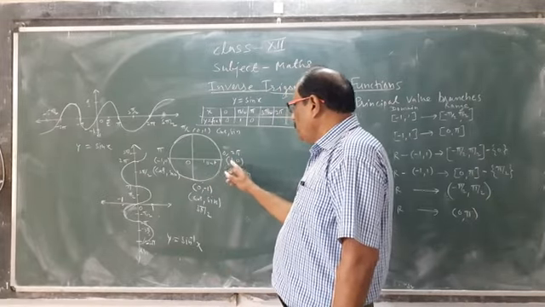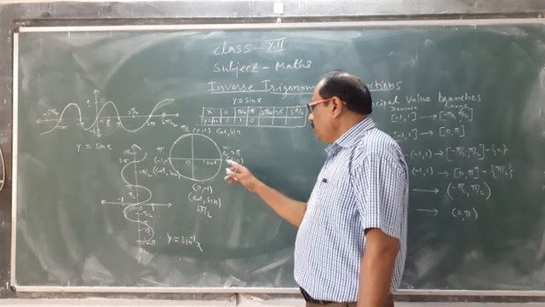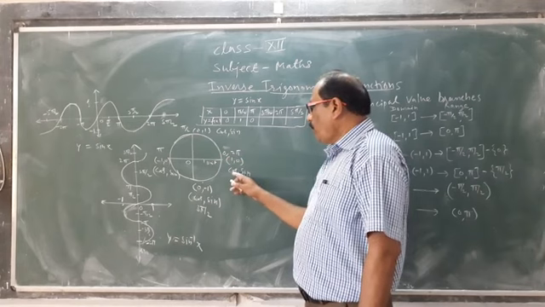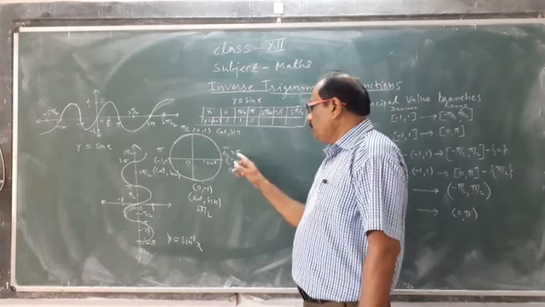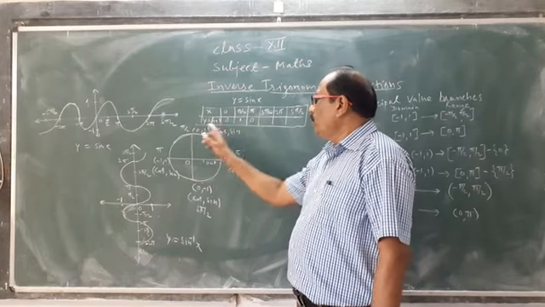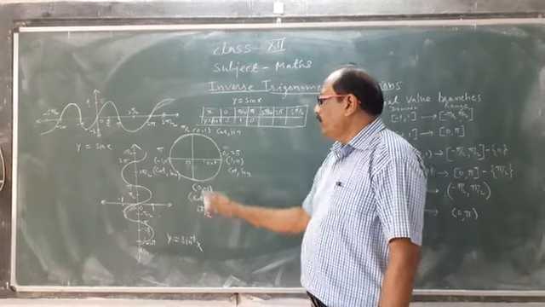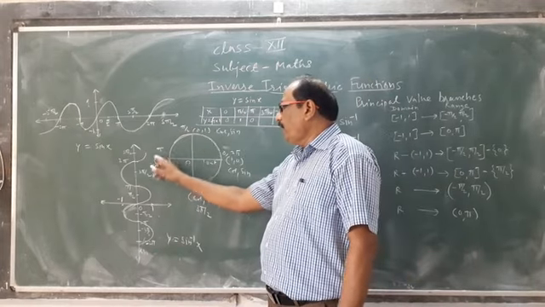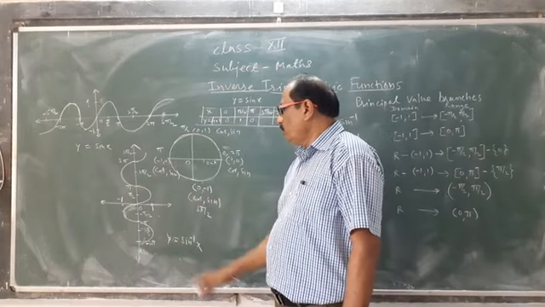Cos 0 is 1, sin 0 is 0. Cos 2 pi is 1, sin 2 pi is 0. Cos 90 is 0, sin 90 is 1, cos pi is minus 1, sin pi is 0.